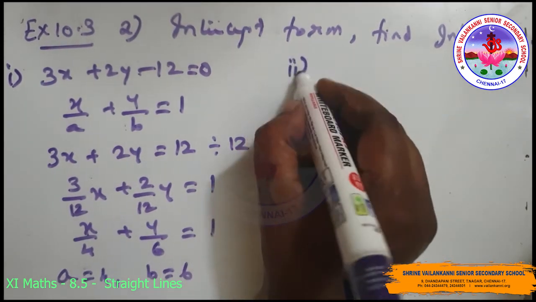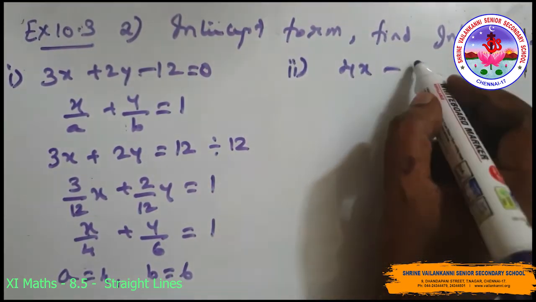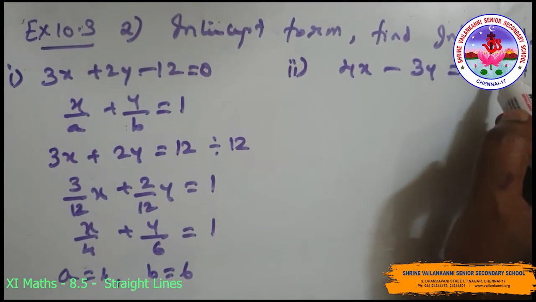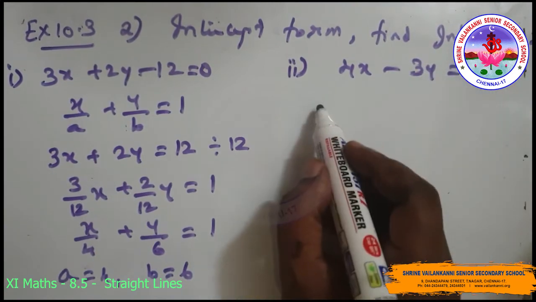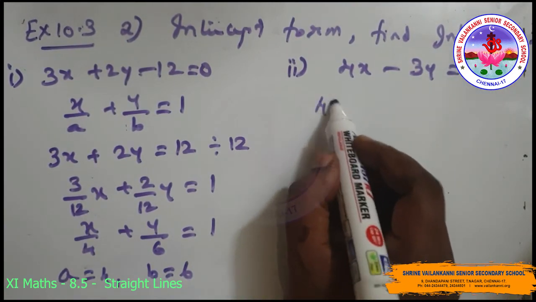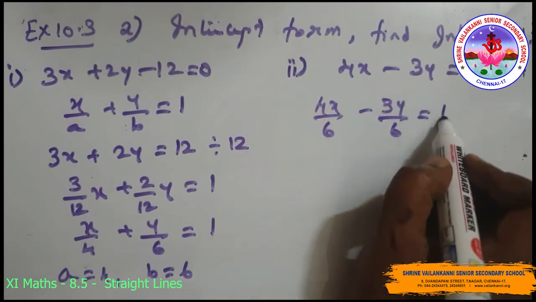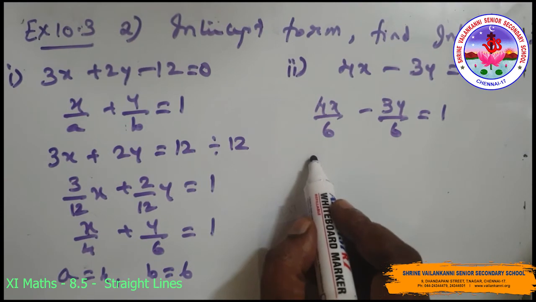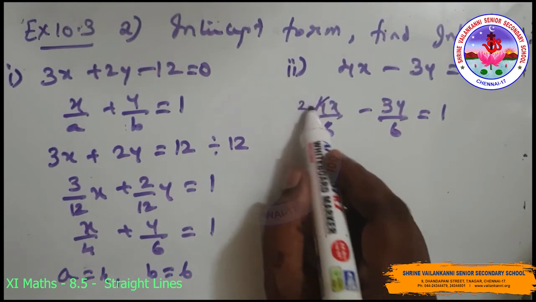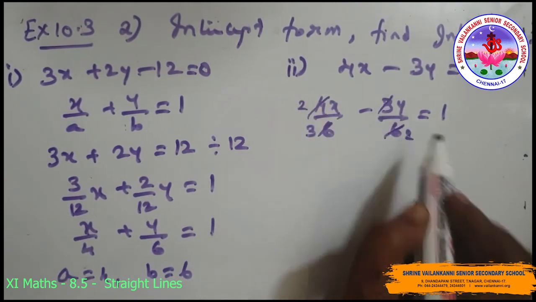Second subdivision is 4x - 3y = 6. The whole equation divided by 6. We get 4x/6 - 3y/6 = 1. So it is 2/3 and this is 2.